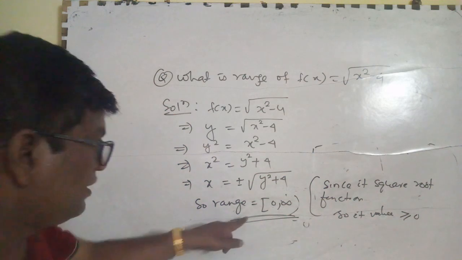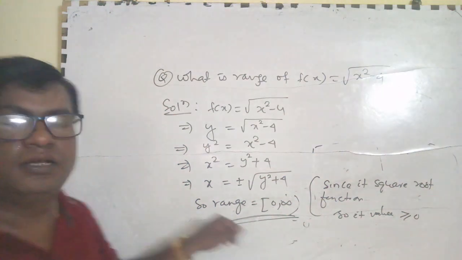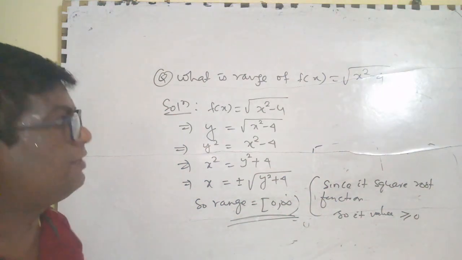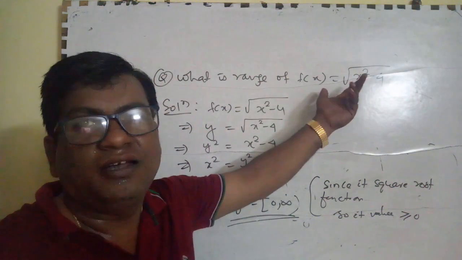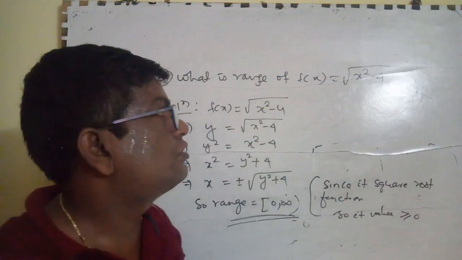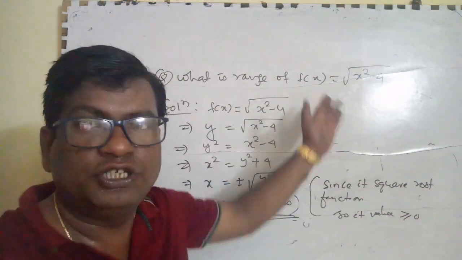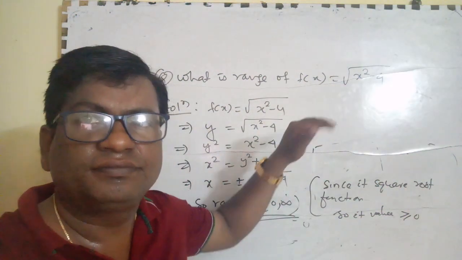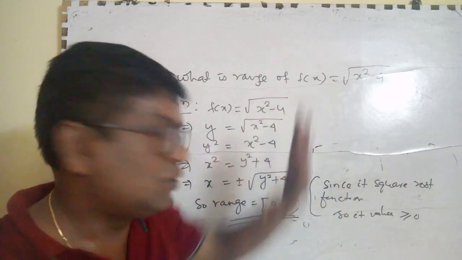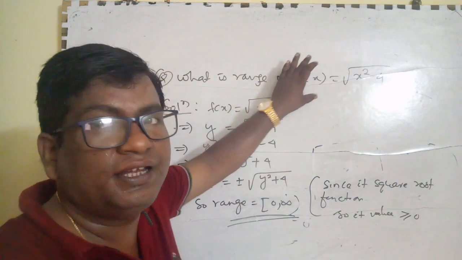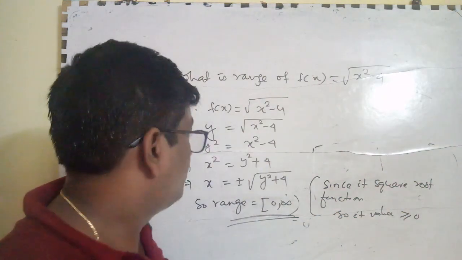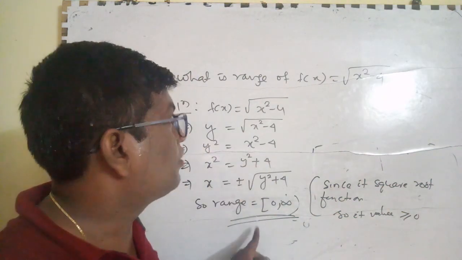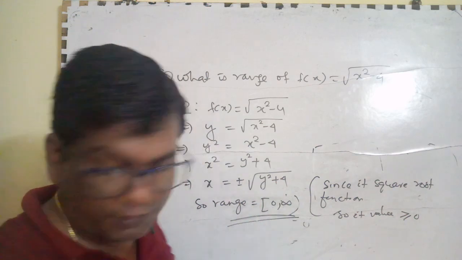Therefore range is 0 to infinity. Suppose you put here 1,50,000, obviously y increases. If you put plus 2, minus 2, y is 0; minus 7, y is greater than 0. So this type of question is very confusing, so please pay attention here. The range of the function is 0 to infinity.